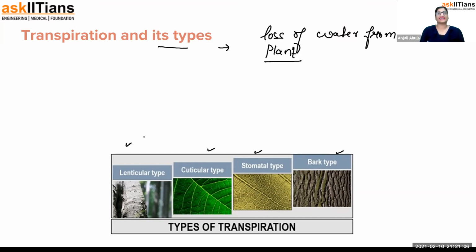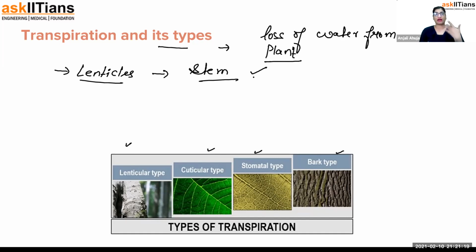So the first one is lenticular. Guys, I think in the last part also, I explained lenticels, which are present on the stem. They appear like small pore-like structures, and if extra water is getting out through them, that is known as lenticular transpiration. Then the next one is cuticular. Cuticular happens from the cuticle.